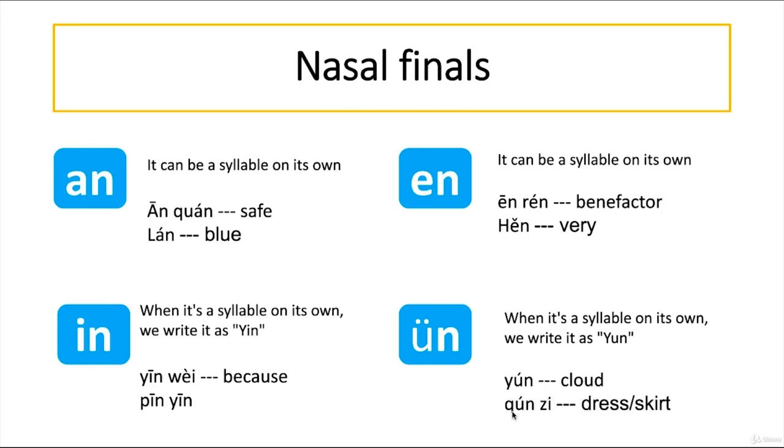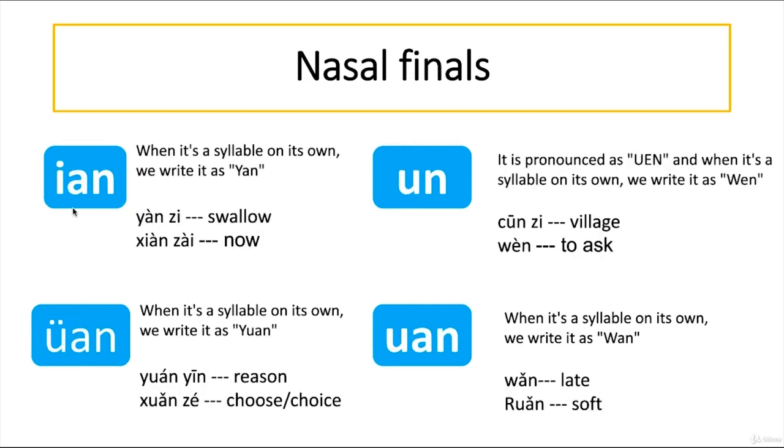Number 5, yan. Read it after me. Yan, yan, yan. We write it as yan when it's on its own. For example, 燕子 means swallow. 现在 means now.